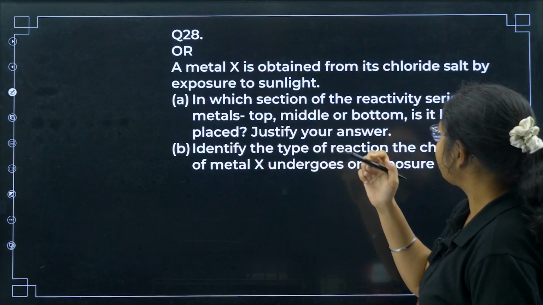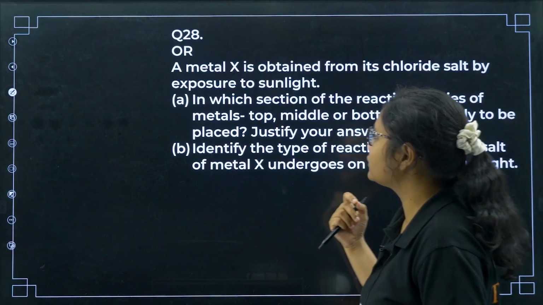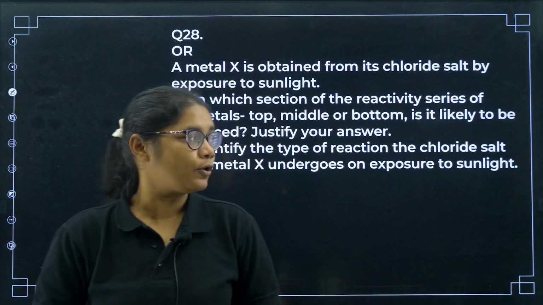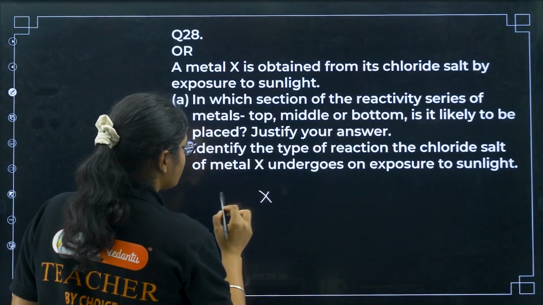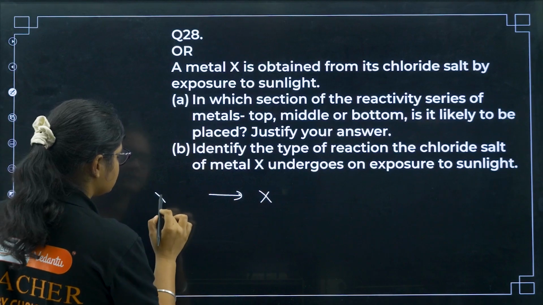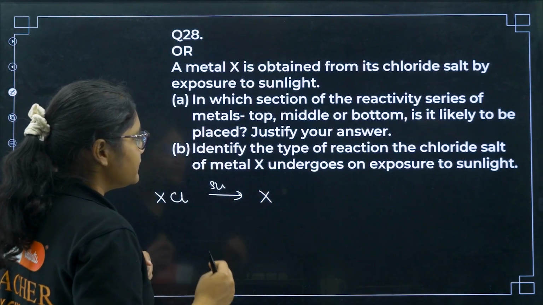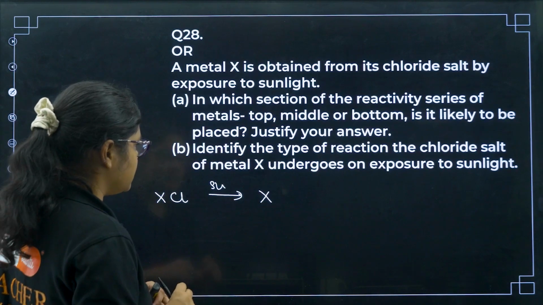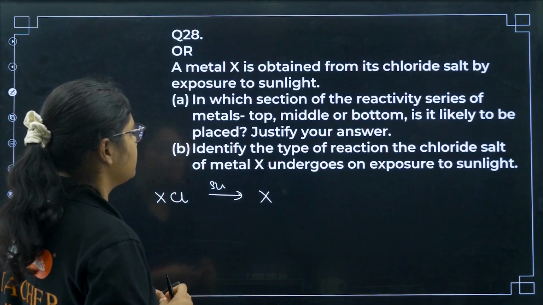A metal X is obtained from its chloride salt by exposure to sunlight. So some X chloride should be there in presence of sunlight. In which section of the reactivity series of metals, top, middle or bottom, is it likely to be placed?